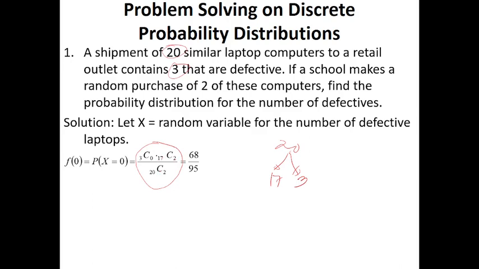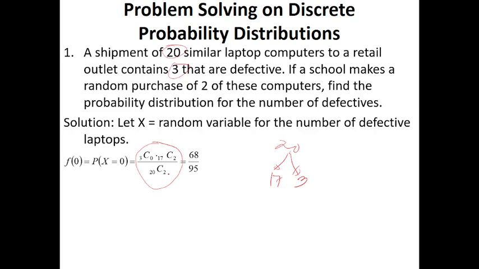And then we divide it by 20C2, the total number of laptops in our problem, which is a combination of good laptops and defective laptops, and we are to select 2. So if we are to select 2, some are defective, some are not defective.